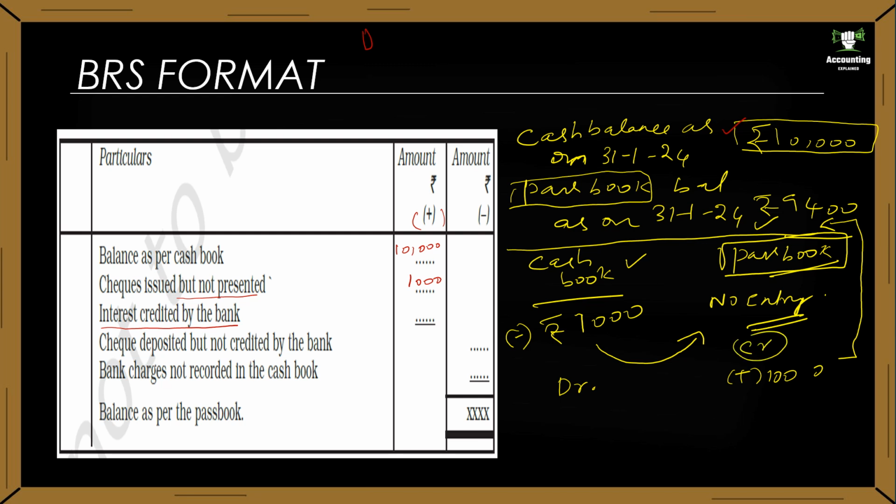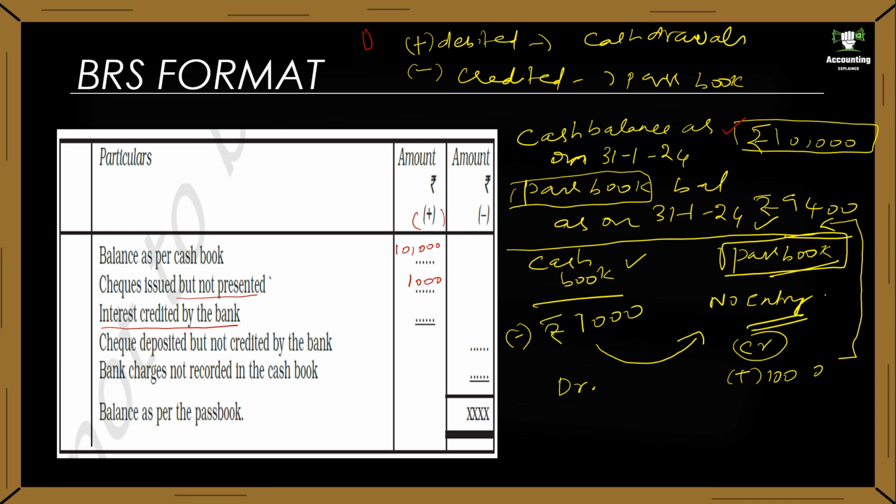All the deposits will be debited in the cash book, whereas all the deposits or income will be credited in the passbook. I have already told you, cash book and passbook are like mirror images. When you do a debit in the cash book, that will be a credit in the passbook.